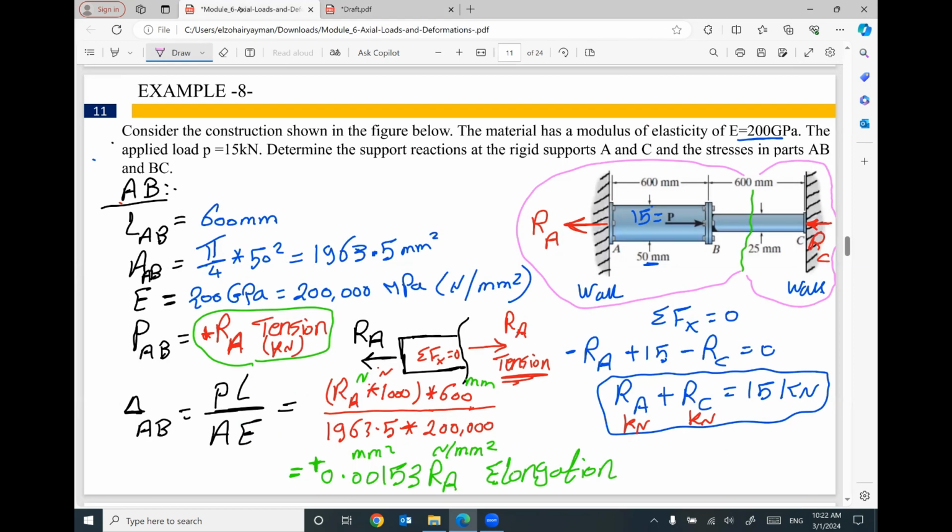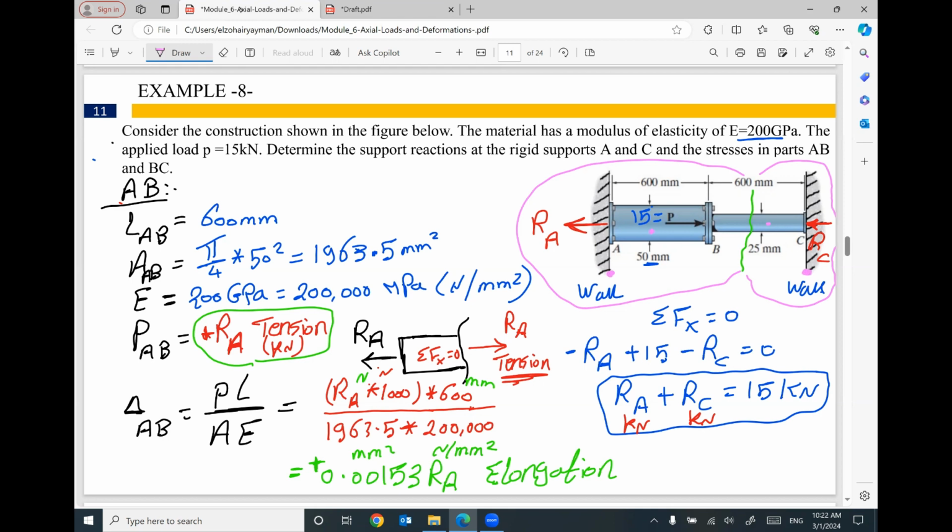So by the end, I figured out how much elongation is expected in part AB, and how much contraction in part BC. Keep in mind, the total shaft AC will not elongate and will not contract. Do you know why? Because we have two rigid walls.